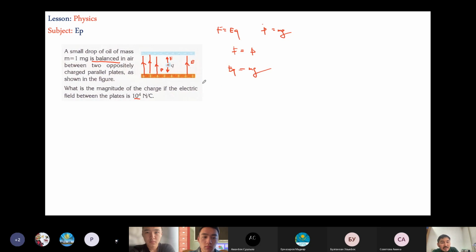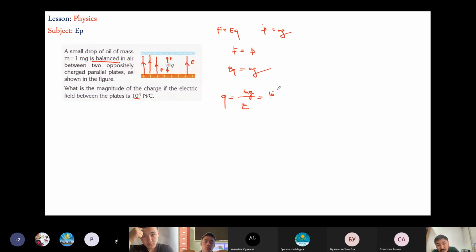What do I have to find? I have to find the magnitude of the charge. So I have to find the Q. So my Q will be equal to, of course, mg over electric field. My mass is 1 milligram. Gram is 10 to the power of minus 3 kilograms, and I have milli, 10 to the power of minus 3 more.